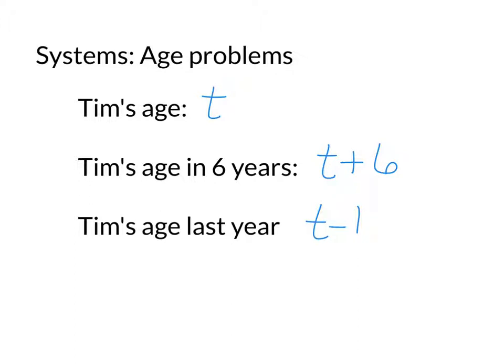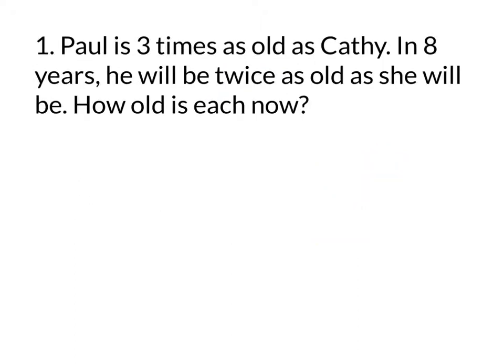So let's start our first example. Example number 1. Paul is 3 times as old as Kathy. In 8 years, he will be twice as old as she will be. How old is each now? So right now, we need to figure out how old Kathy is and how old Paul is. So what I'm going to do is write this. Paul and Kathy. Right now, how old is Paul?